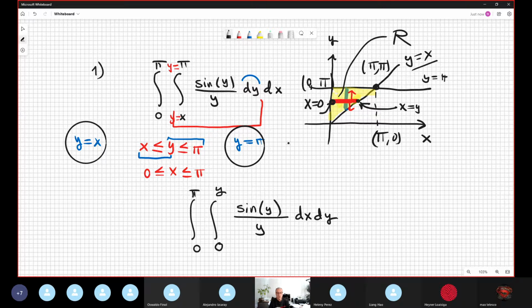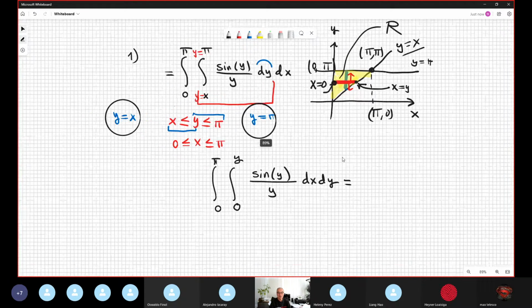Everyone understand this idea or no? By the way, the value that I compute now of this integral is exactly the same as the value of this one. But this one is complicated because the antiderivative is hard, and this is extremely easy.